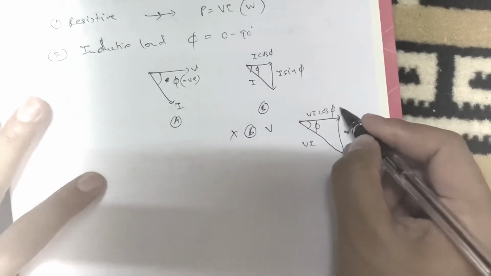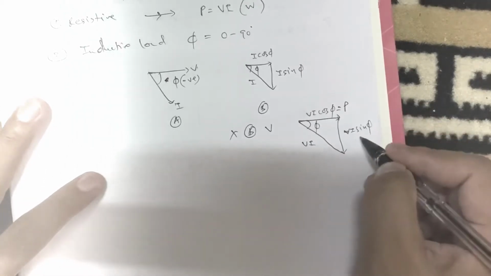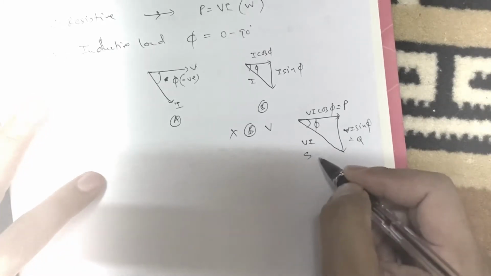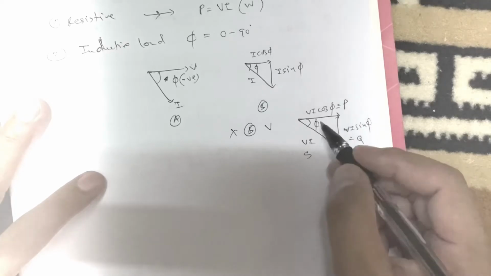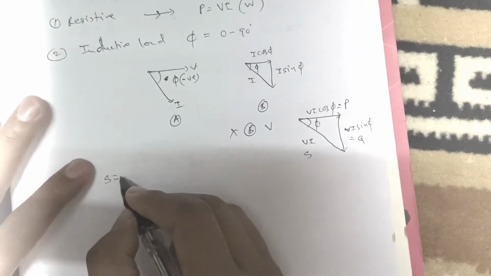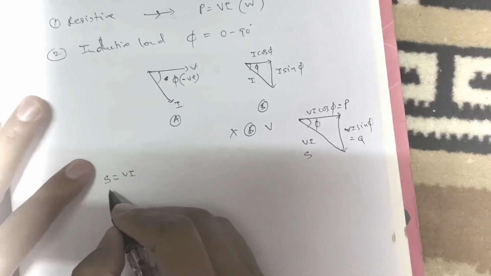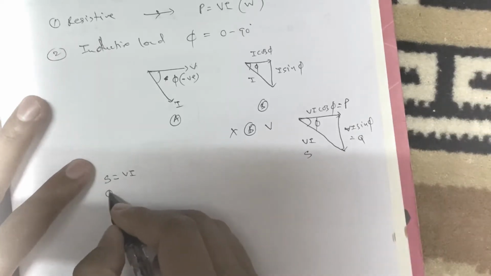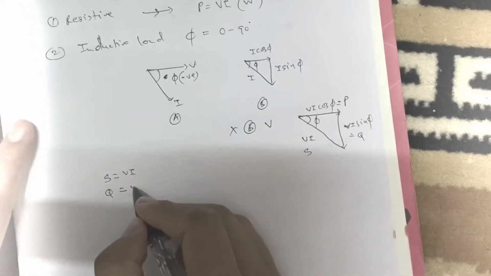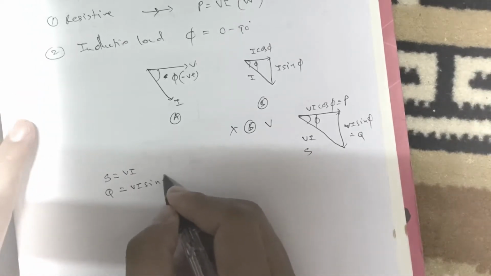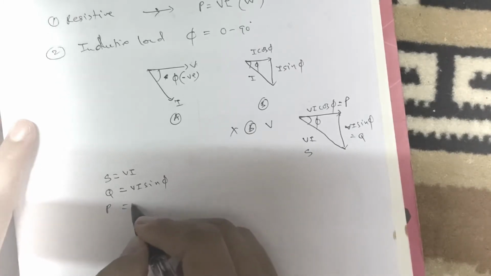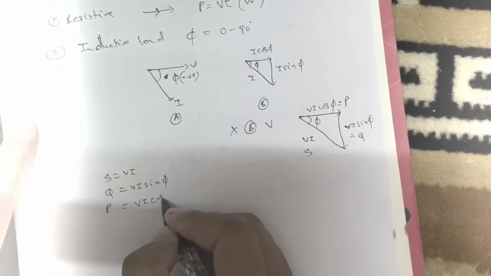So this one is called the true power, here is the reactive power, and this one is called the apparent power. With this you can write that S is equal to VI, Q, the reactive power, is given by VI sin phi, and the true power is given by VI cos phi.